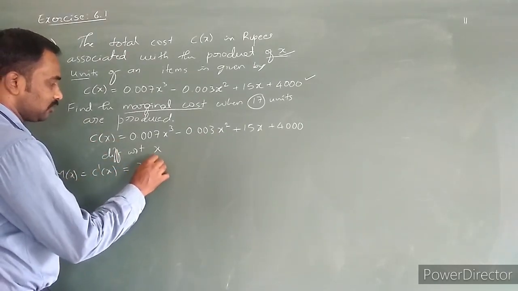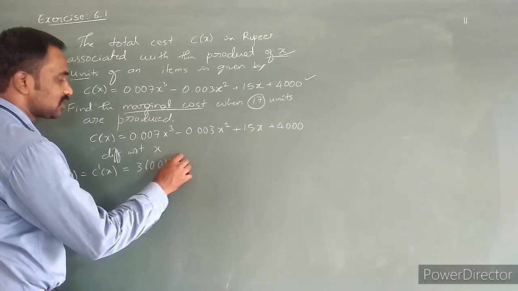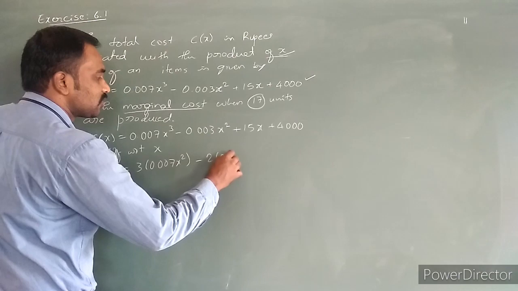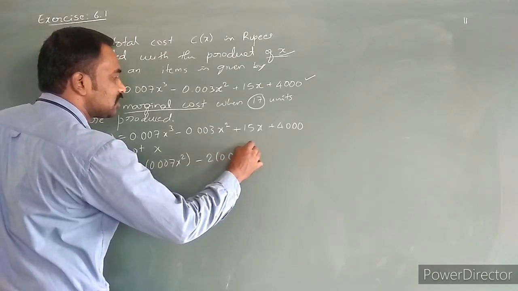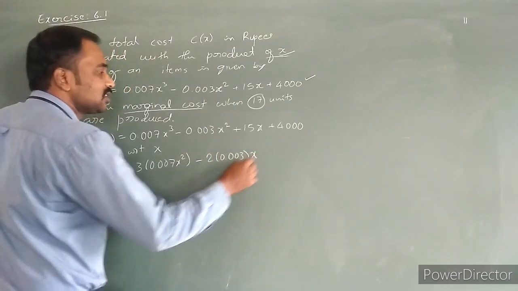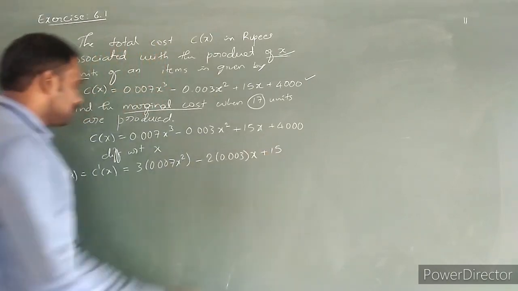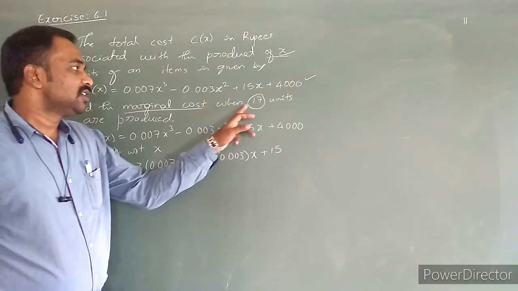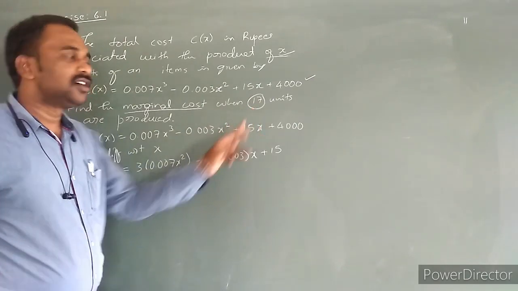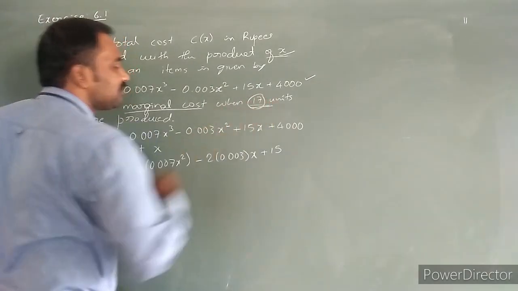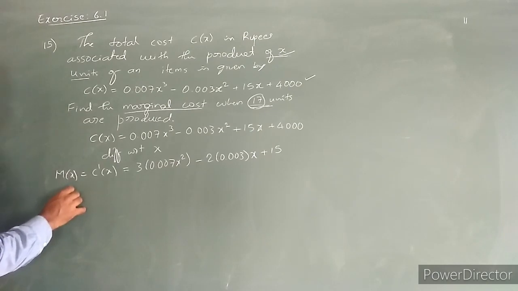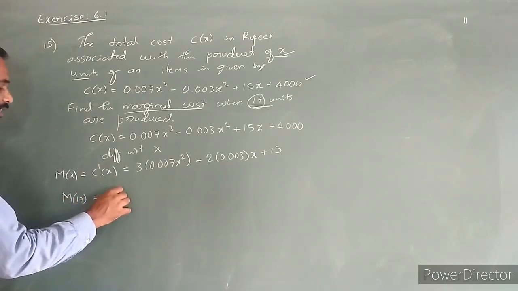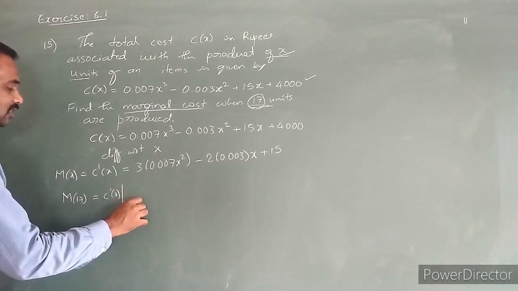We get 3 into 0.007 into x square minus 2 into 0.003 into x plus 15. Particularly, they have given that 17 units of items have been produced.